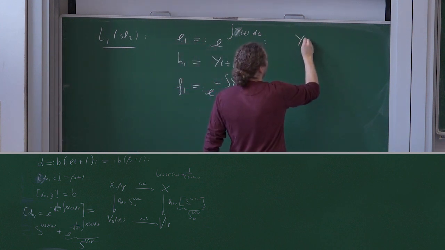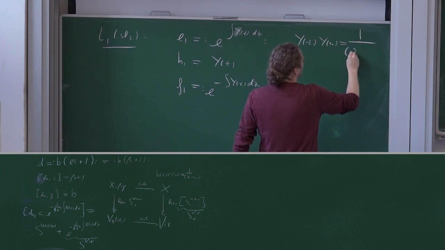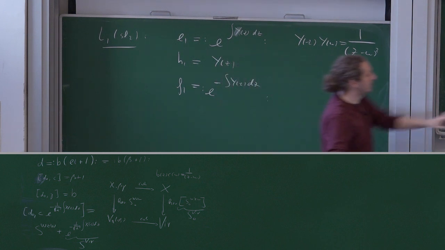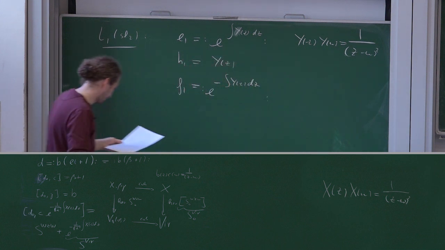Where here Y is a free boson with OPE same as X. I think if you cannot read this, it's precisely the same VOA as X. So I just take a second free boson.